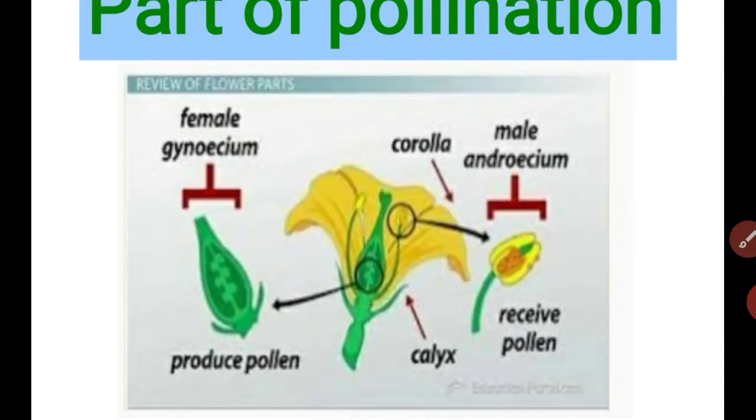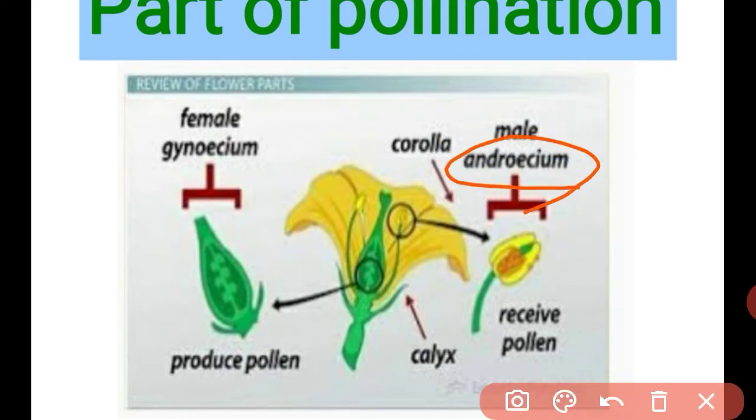As you know, students, we have already studied the male gametes and female gametes. The androecium is the male reproductive part of the flower, and the androecium consists of the filaments and anther, and the anther contains pollen sacs, and the pollen sac contains pollen grains, and the pollen grain is the male gamete.